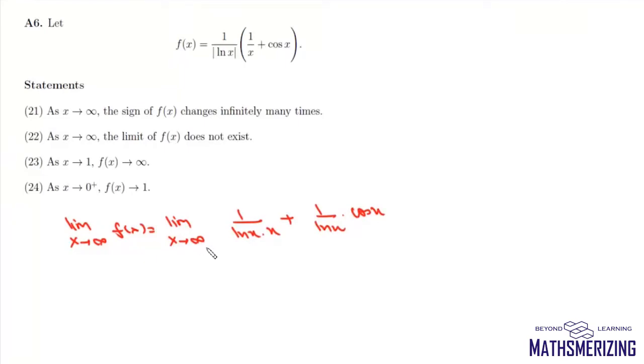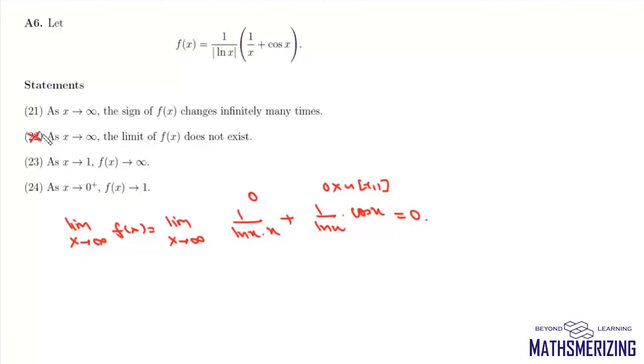Now when x tends to infinity, log x tends to infinity, so it will be 1 upon infinity, which is 0, and here also it will be 1 upon infinity, which is 0, into cos infinity, which is oscillating value between minus 1 and 1. So value of this limit is 0. That means the statement 22, limit of f(x) does not exist when x tends to infinity, is incorrect.